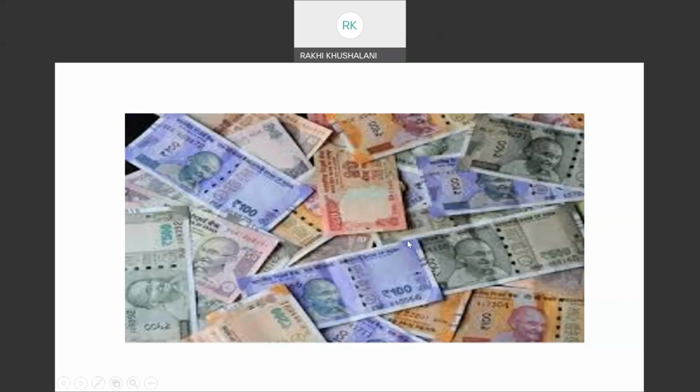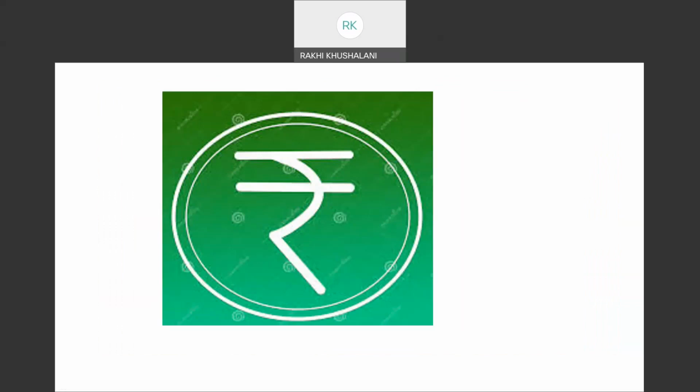Now let's see. I hope you'll remember that these days we no more write capital R, S as the abbreviation for rupees. We use this particular sign to represent rupees. That is the Hindi R with a dash here.